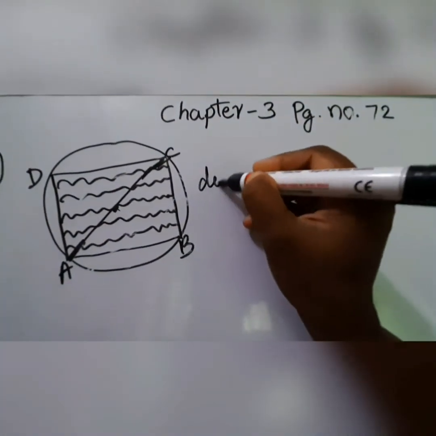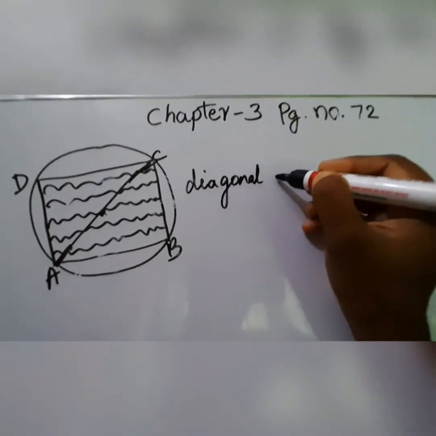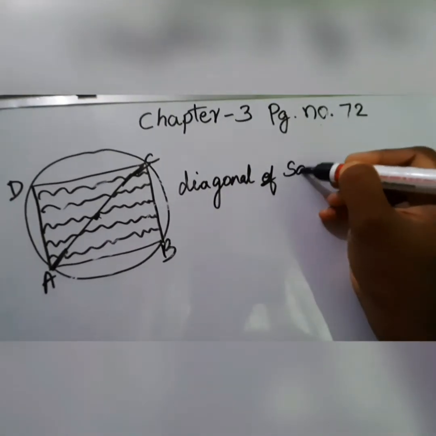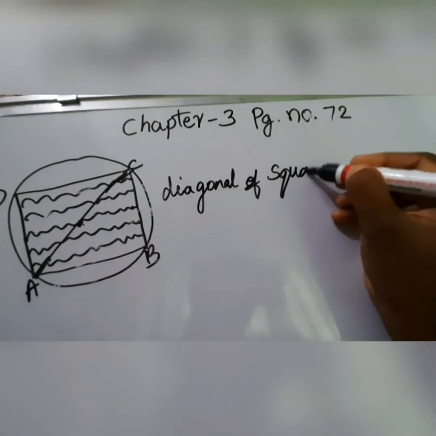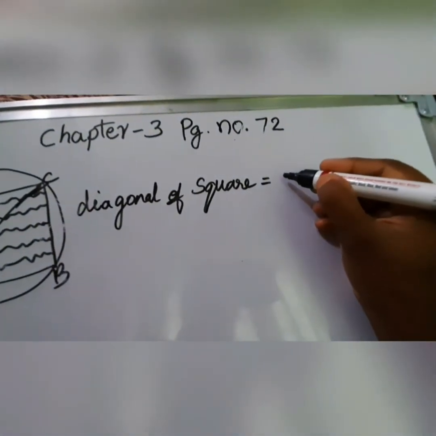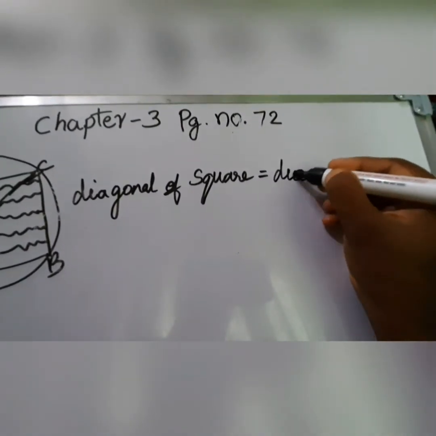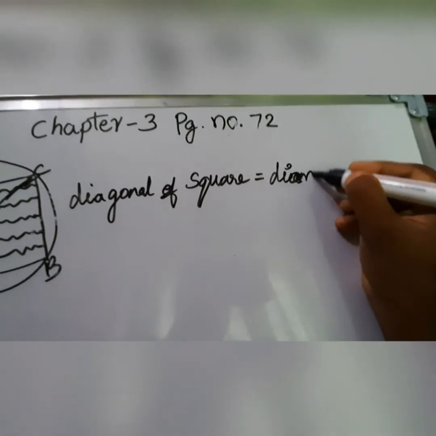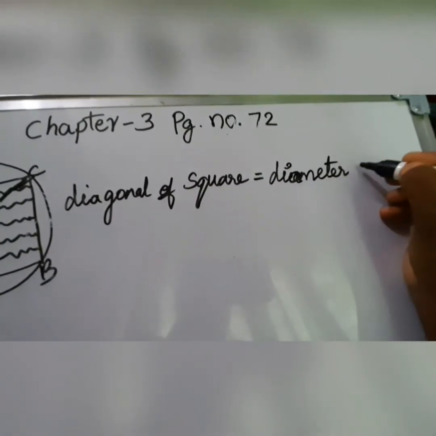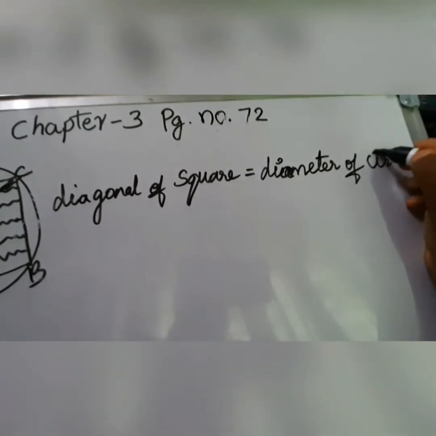So we can write that the diagonal of square here is same as the diameter of circle. How?